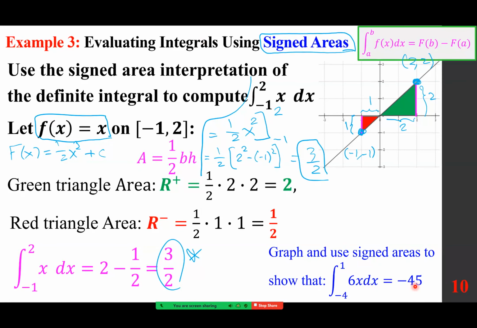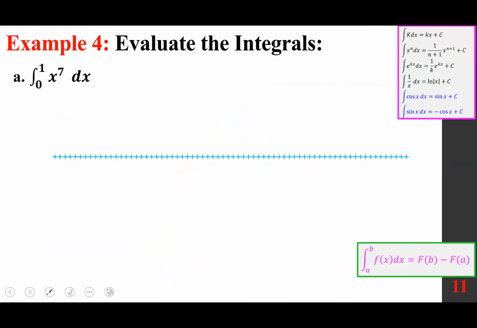All right. Let's look at some examples. We are going to remember the integration formulas, and we are going to use the fundamental theorem of calculus. So the very first thing is look at this function. The antiderivative is 1/8 x to the power of 8.